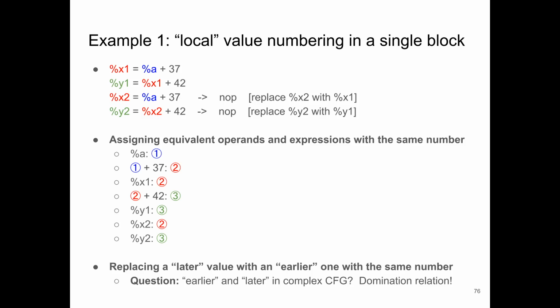But what if we have a little bit more complex control flow graph? What if we have loops? What if we have branches? We are going to answer this question in the remainder of this video.